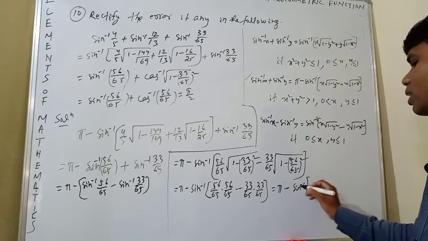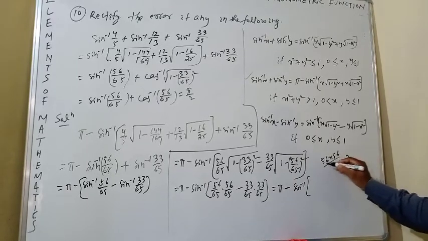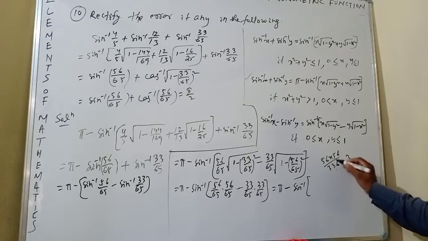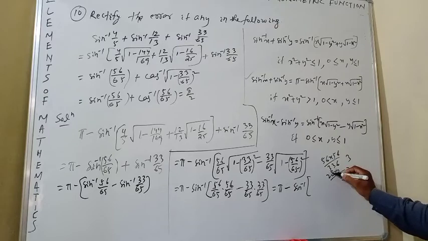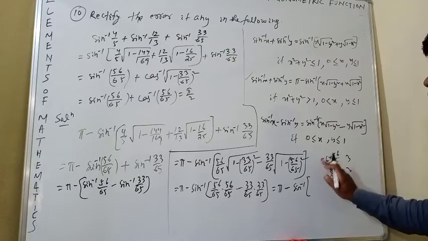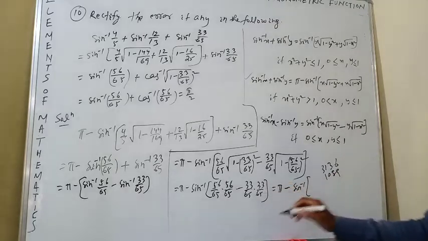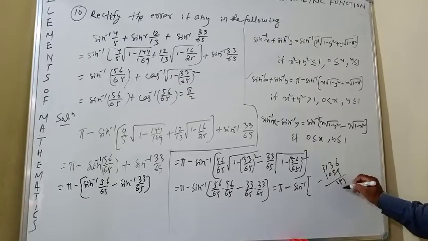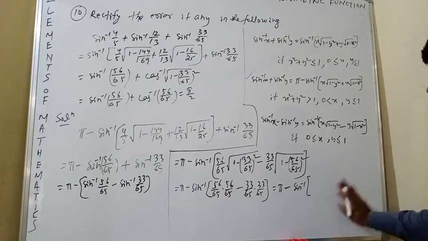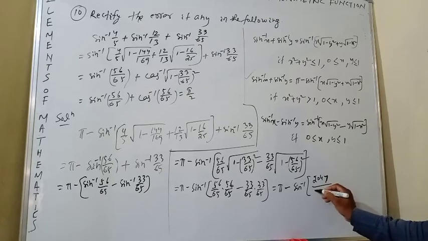So this is equal to pi minus sin inverse of 56 into 56 minus 33 into 33. 56 into 56 is 3136, and 33 into 33 is 1089. So 3136 minus 1089 is 2047, by 65 into 65, that is 4225.